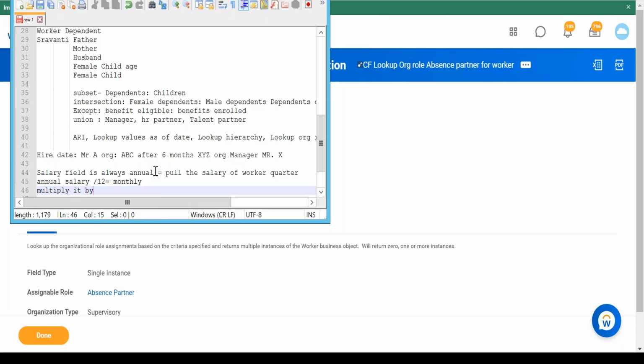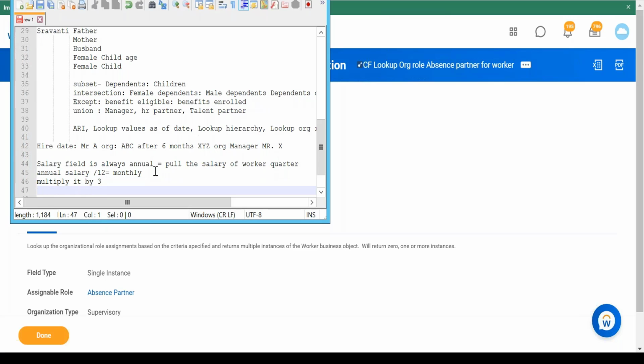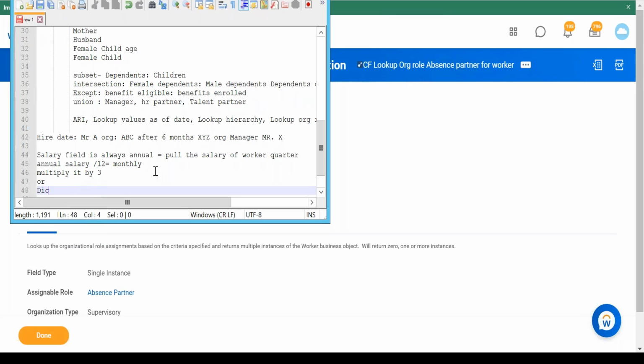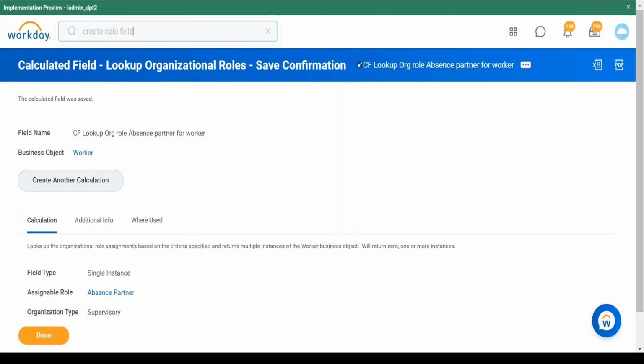Or you can simply divide the annual salary by 4, which will give you the salary for 1 quarter. There are different ways of achieving it. So let's do this and see how it looks. Let me build this field quickly for us.